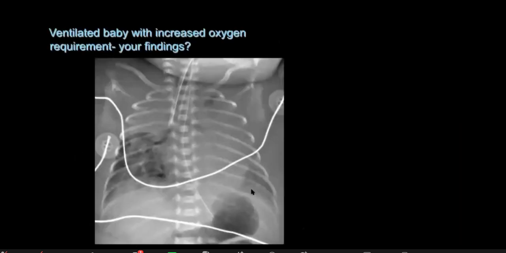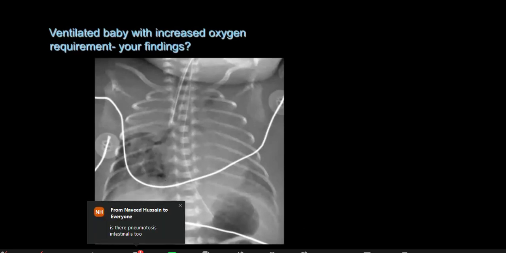Okay, your next case. So, frontal radiograph of the chest in a child, the ET tube and NG tube are in satisfactory position.